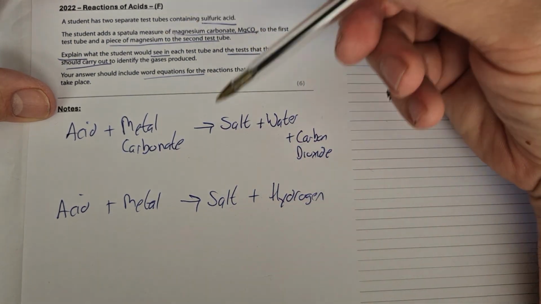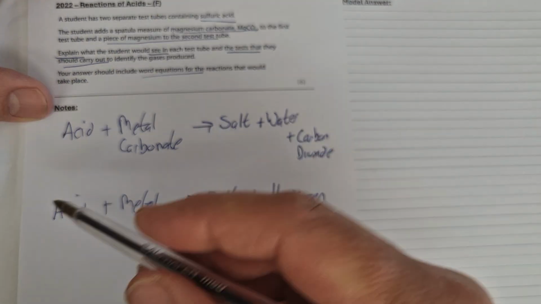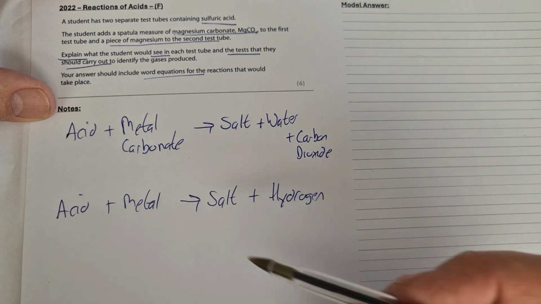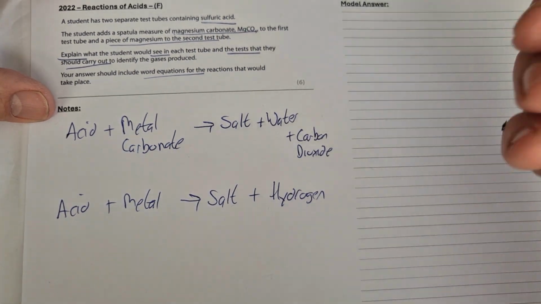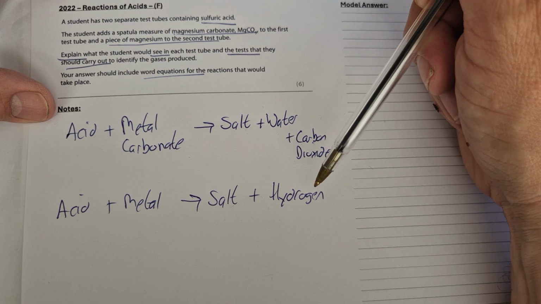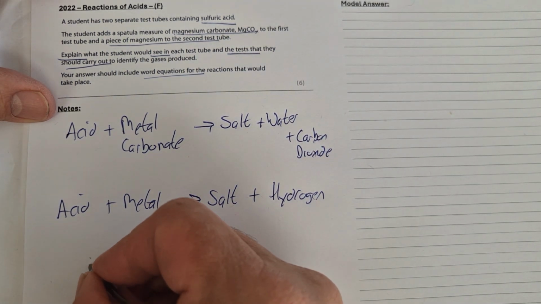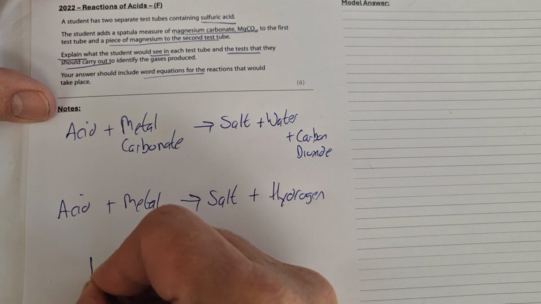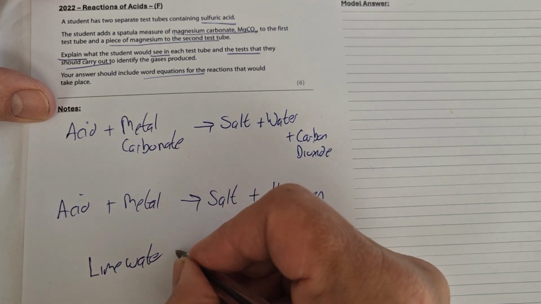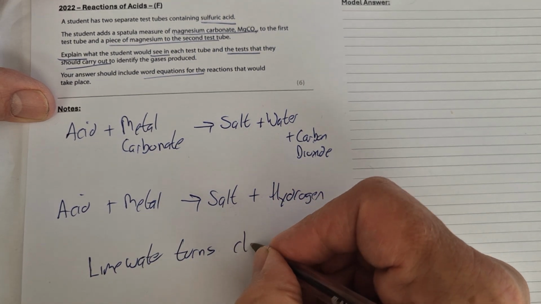Right, so there are our two equations. We'll put the full word equations in shortly when we do our answer, but they're the general overviews. That's what we're going to see: carbon dioxide and hydrogen. The test for carbon dioxide is lime water, which turns cloudy. We're going to have to put that in there somewhere.